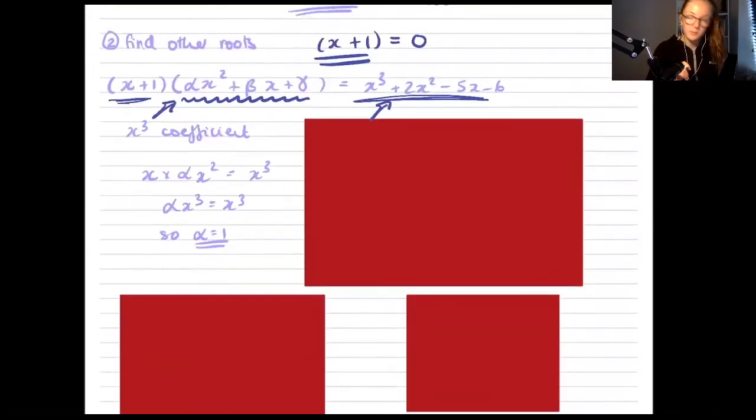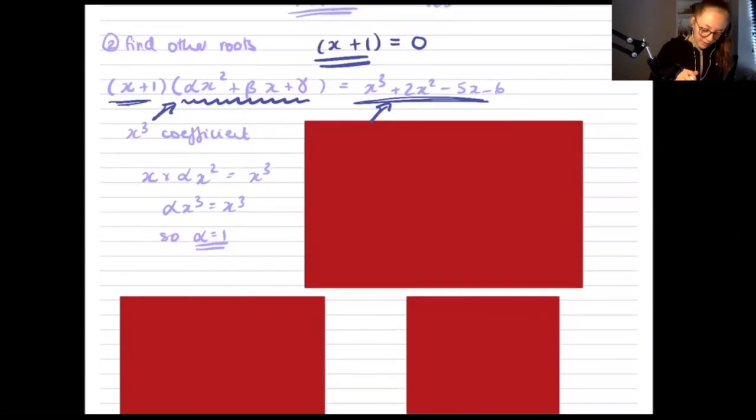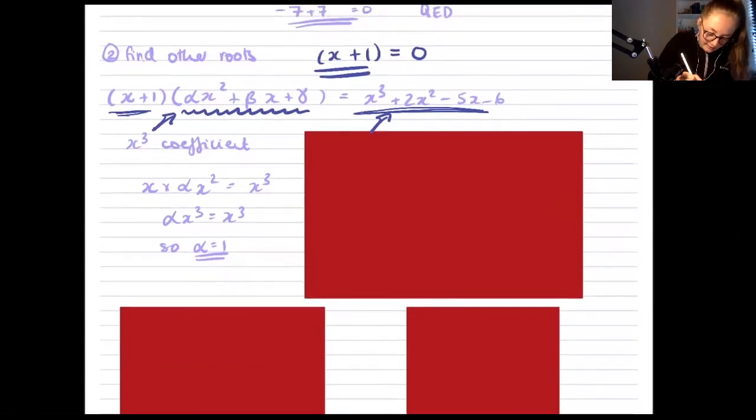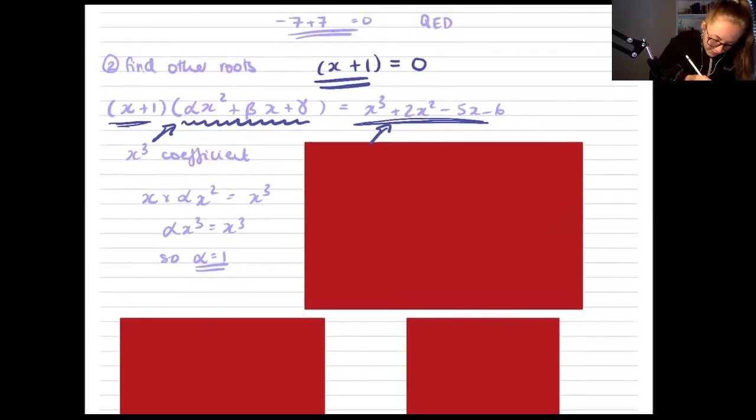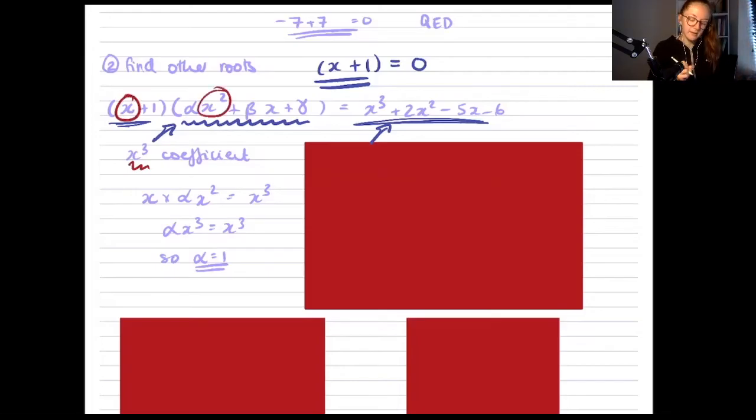So the first one I'm going to look at is the x cubed coefficient. So I need to look at this and decide which x's in here will multiply together to make an x cubed coefficient. Well, I can see that this one and this one are the only ones that will multiply together to make an x cubed coefficient.